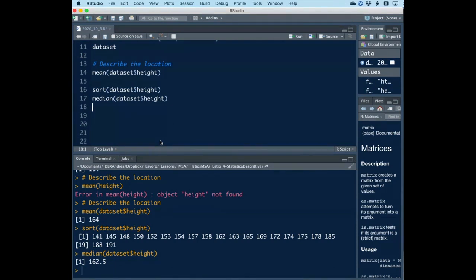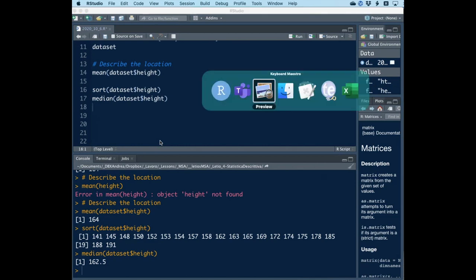Right? So the median is the central value in a distribution. If I have an odd number of values, I take the one in the middle. If I have an even number of values, I have to take the two in the middle and average them. Right?